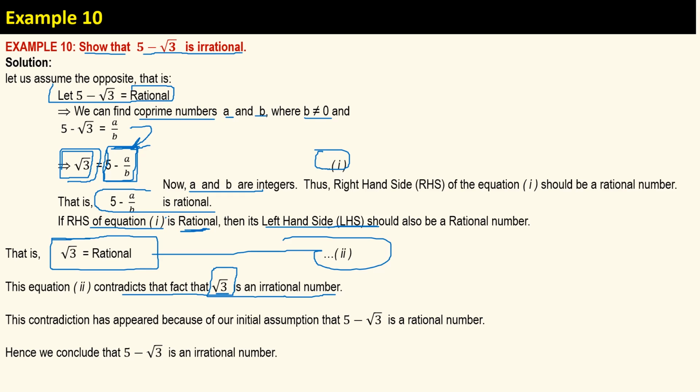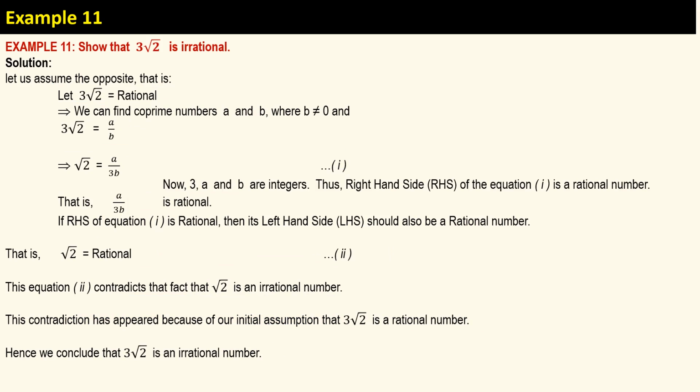Therefore, when we see that square root of 3 is being called rational in equation 2, this leads us to a contradiction. And we say that this contradiction has appeared because of our initial assumption, which was that 5 minus square root of 3 is a rational number. Hence, we can conclude that 5 minus square root of 3 is an irrational number.